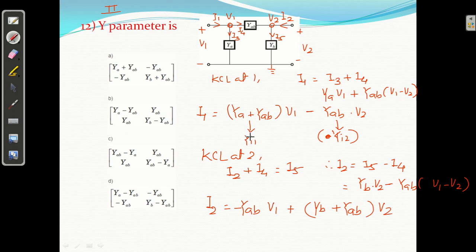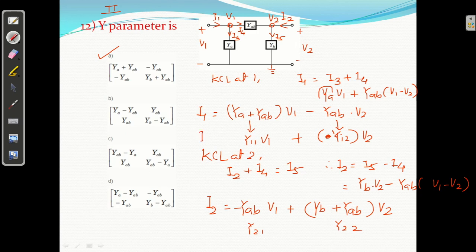So just see here, this is Y11, Y12, Y21 and Y22. Y11 is YA plus YAB. Y12 is minus YAB, it is minus, while here it is plus.